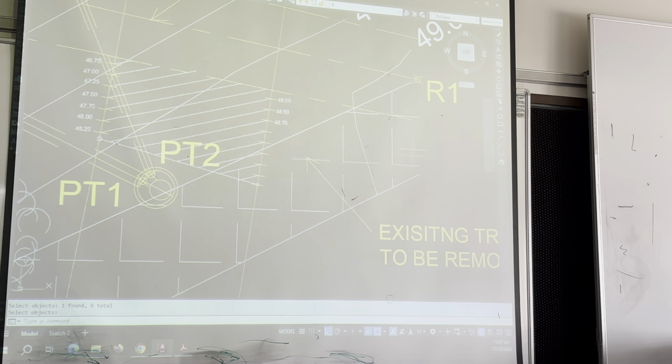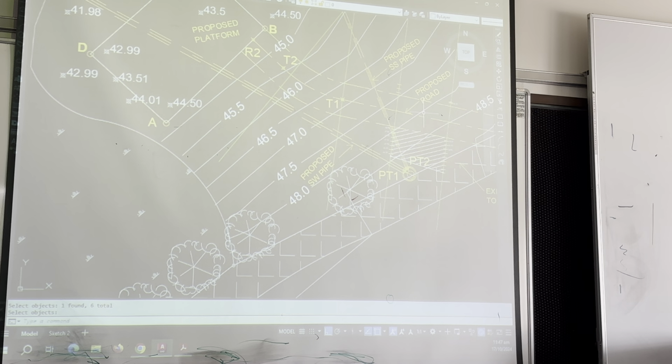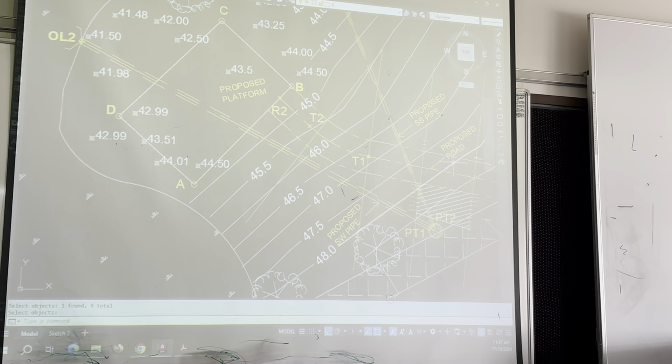So this piece of the path will be cut into. So those design contours will carry on all the way around the road.